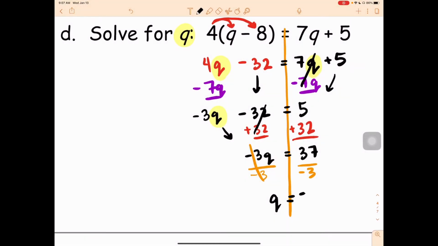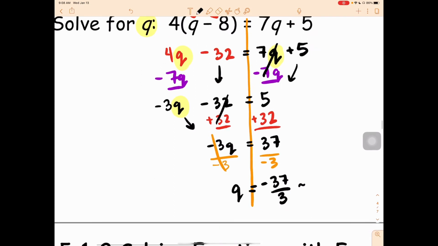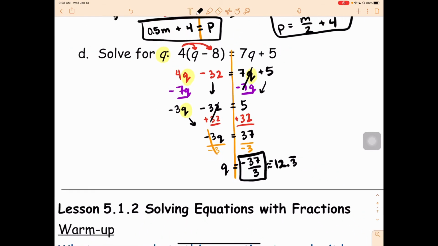Okay, so this equals negative 37 thirds. You can even write it's about equal to negative 12.3 repeating. It is a negative. But honestly, this is the best exact answer there, the negative 37 over 3. Okay, that's exactly the answer.